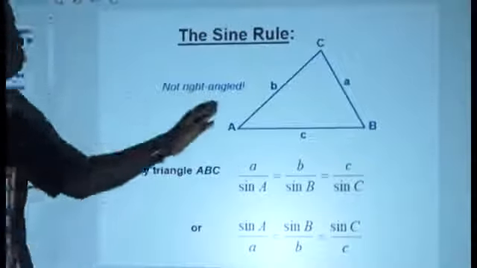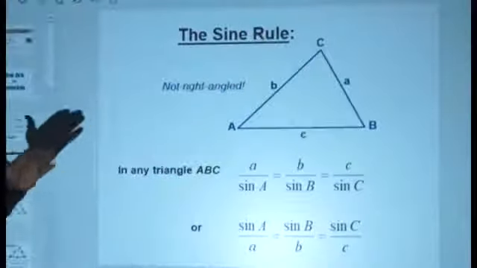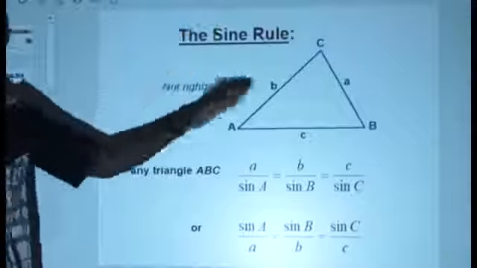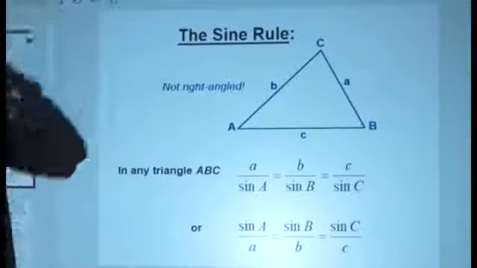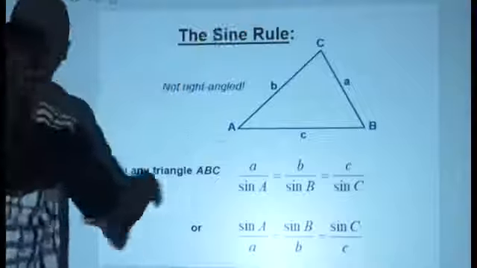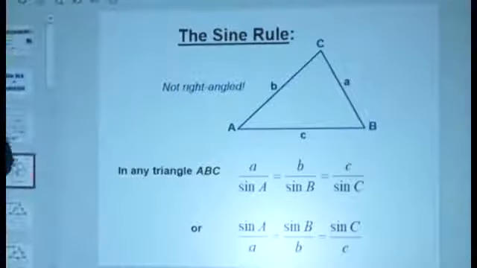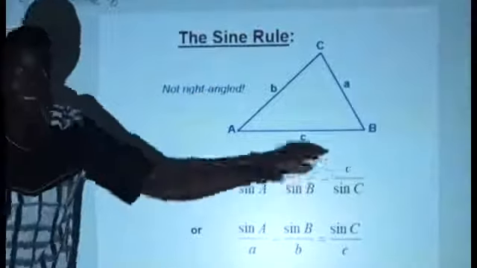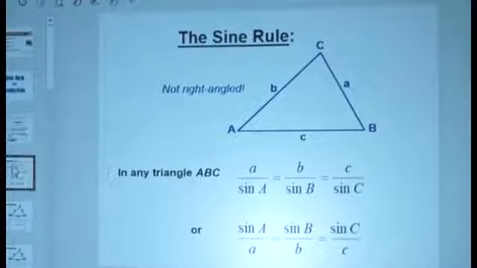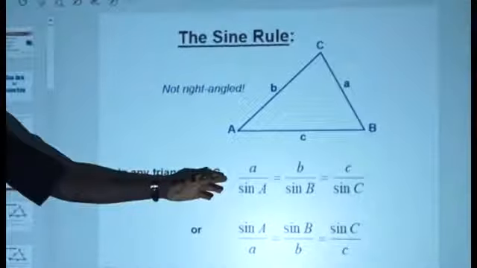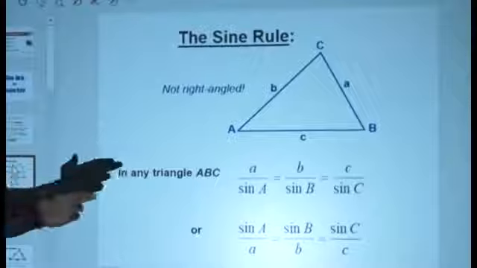You may use any letter to represent the vertices, but you must know that the capital letter is used at the vertices, while the small letter is used at the sides. So in any triangle ABC, we need to study this formula and know it very well.